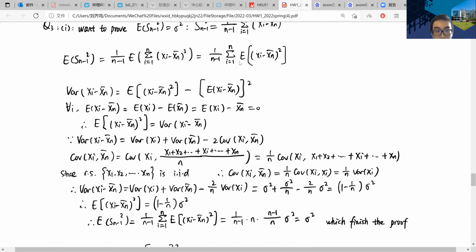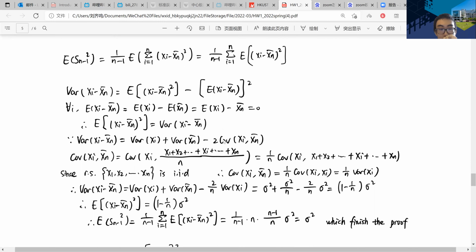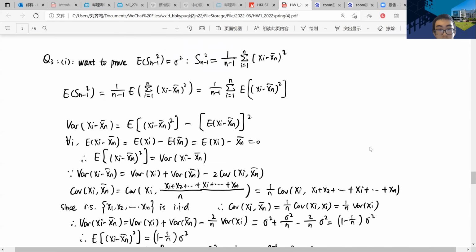Because the samples are identically distributed, the covariance is equal to 1 divided by n times the variance of xi. So after rearranging the term, I got that the expectation of Sn minus 1 squared is equal to sigma squared, which finishes the proof.